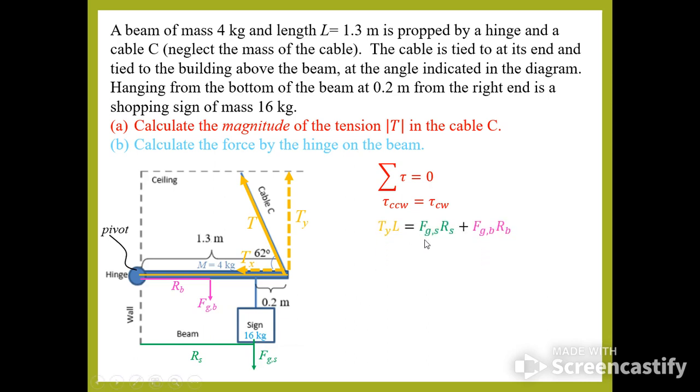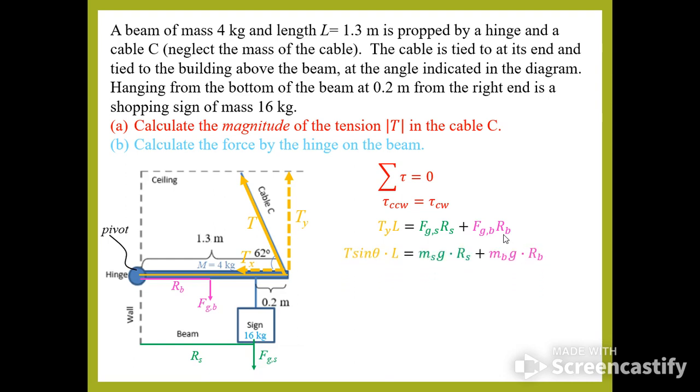So the work I have set up here is counterclockwise, which is T_y times L. Again, T_y is going to pull the system counterclockwise, if you can visualize that. And the weight of the sign times its moment arm plus the weight of the beam times its moment arm will cause the system to rotate clockwise. You want to set those two equal to each other because the net torque must equal 0.